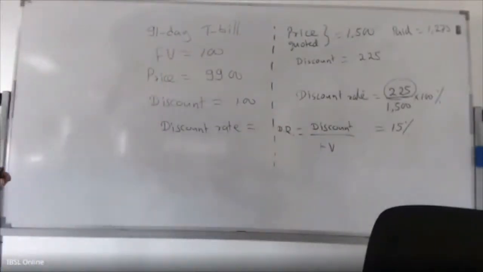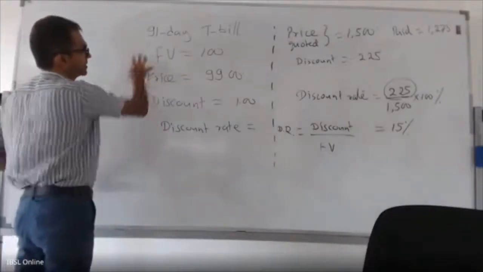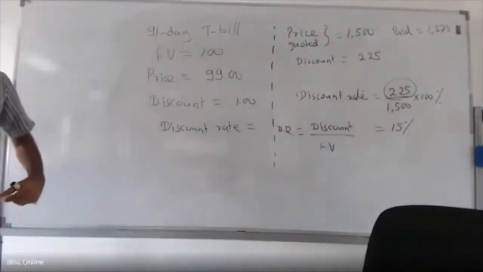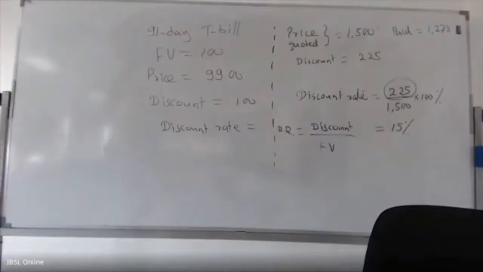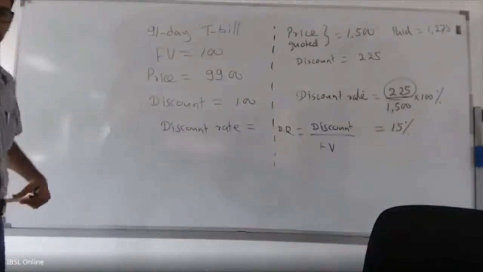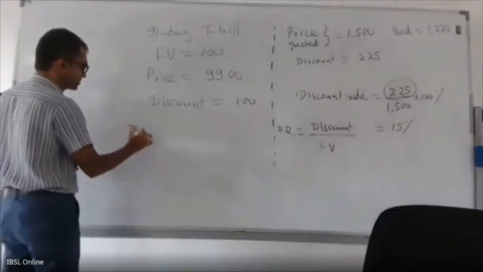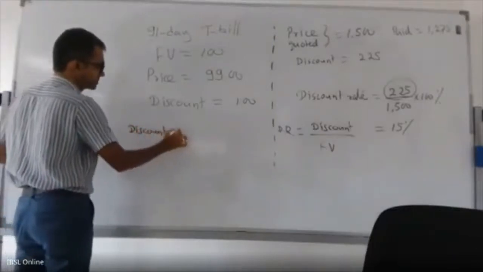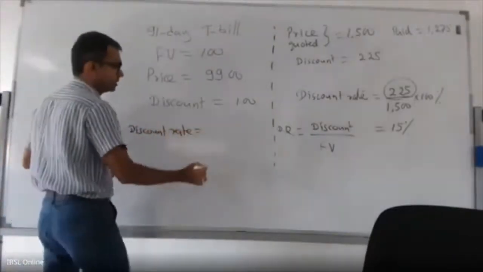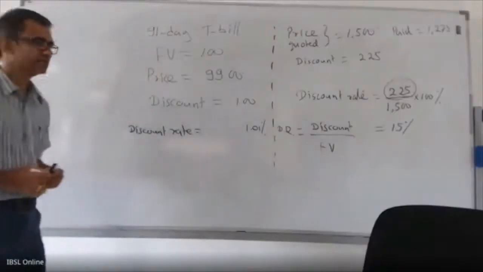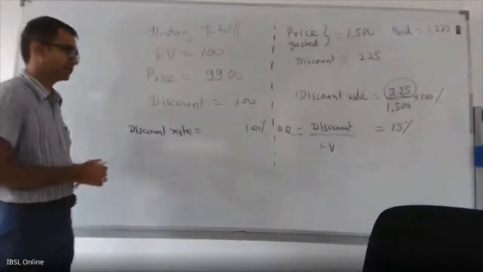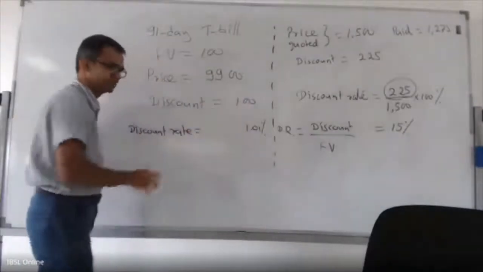So if you apply the same concept here to our instrument, what is the discount rate that we get? 1.01. Discount rate .01. Why? How? I don't worry about the final answer. Tell me how to get that.